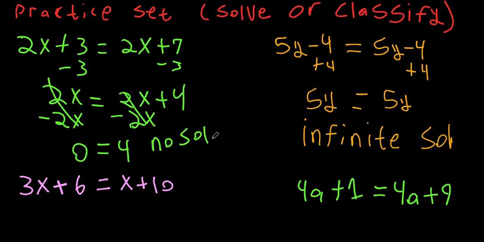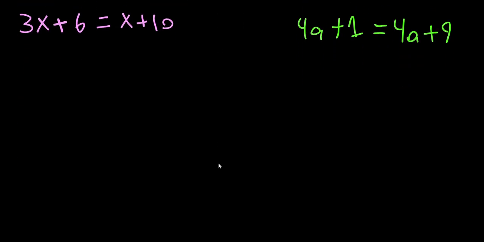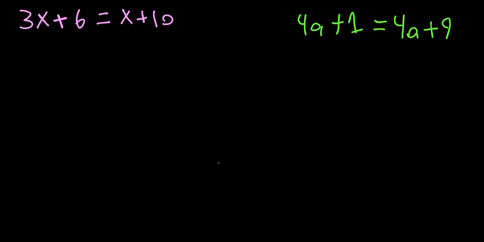All right, I'm about to scroll down and solve the next two to give myself space to work. So let's scroll down. And we have 2 more to solve or classify. We have 3x plus 6 equals x plus 10. Now this I believe there will be a solution for.